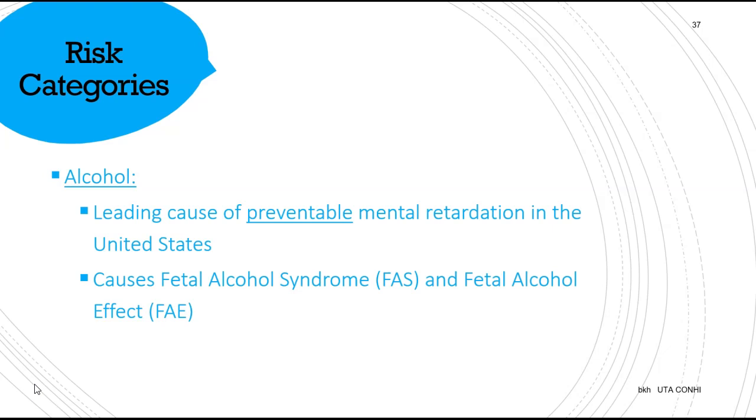It causes fetal alcohol syndrome, fetal alcohol effect, typically the same thing. Maybe in some research there is a difference in that, but these are inborn issues and anomalies in our babies specifically because of the alcohol they were exposed to in utero.